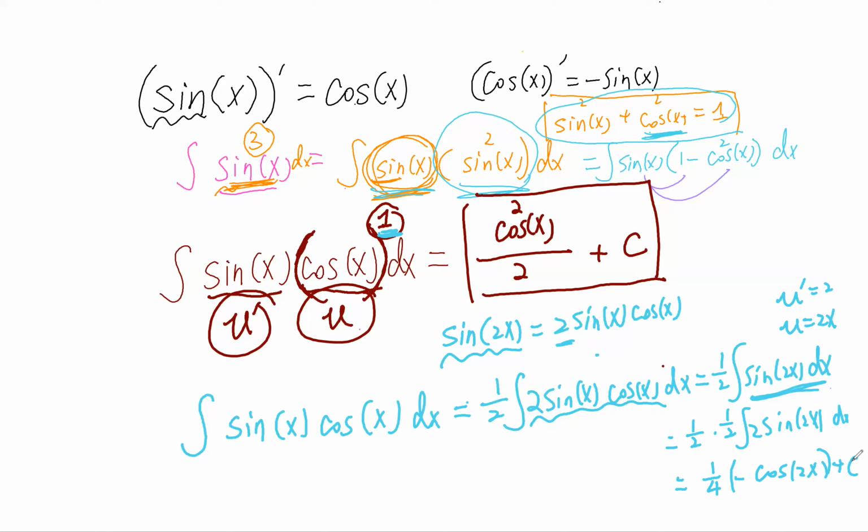We have the same problem using the 2 different ways, but it looks like we have different answers. The first answer we have right here, and the second answer we have is right here.